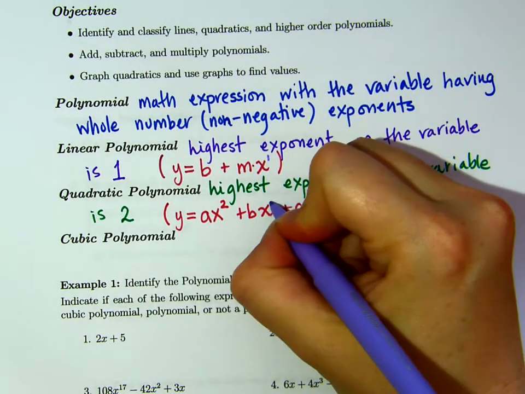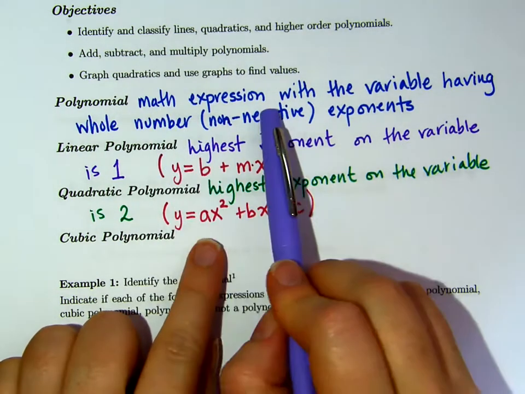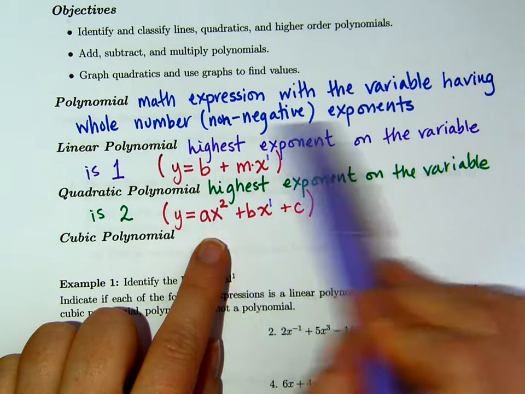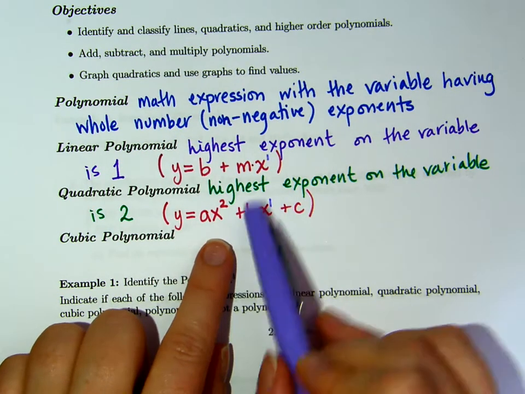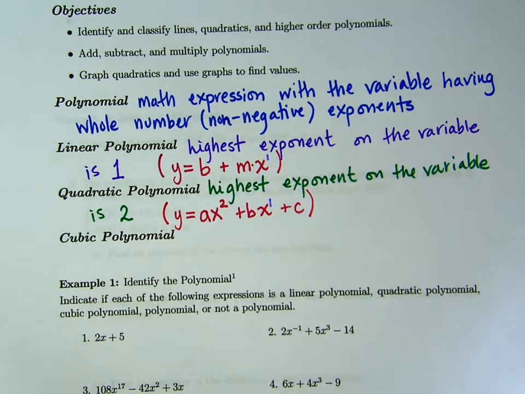And notice that the exponent on this x is implied to be 1. So it's a math expression with the variable having whole number exponents, so 2 and 1 and 0, where the highest exponent on the variable is a 2. Got it? There's a quadratic.